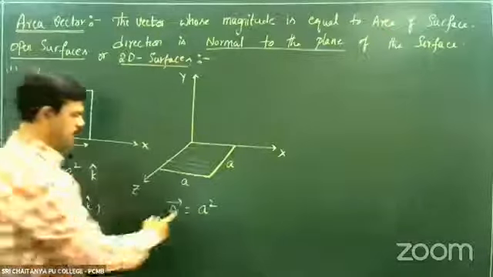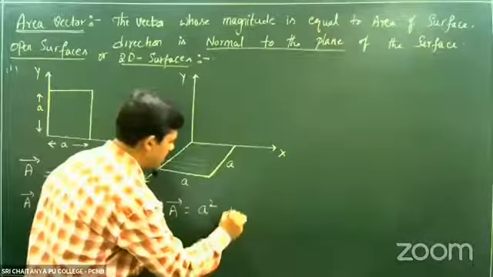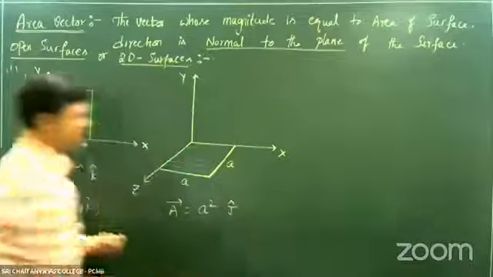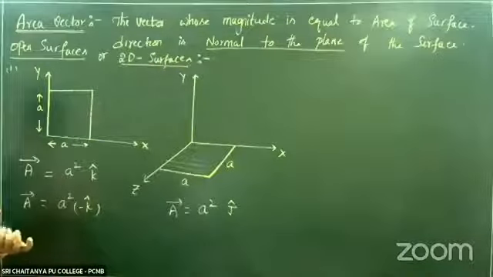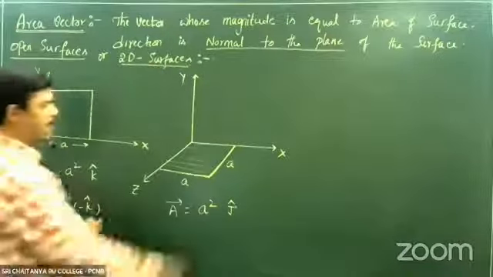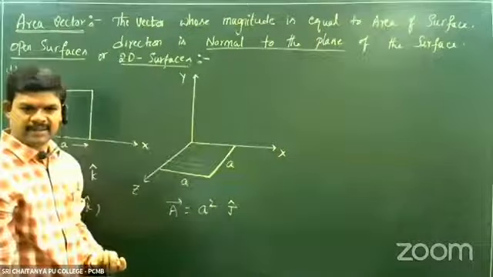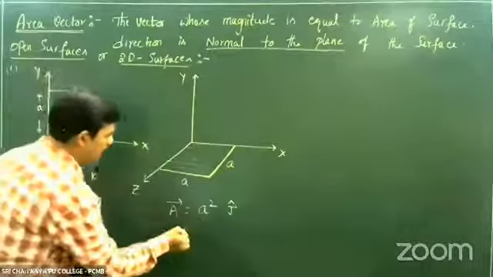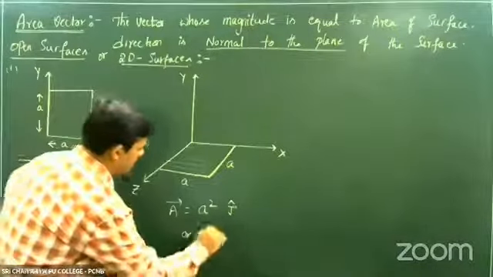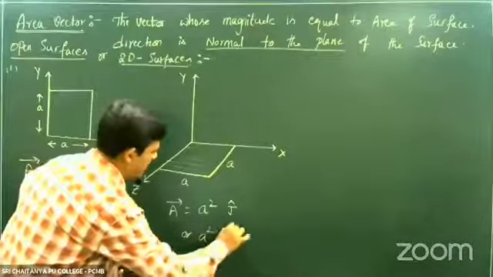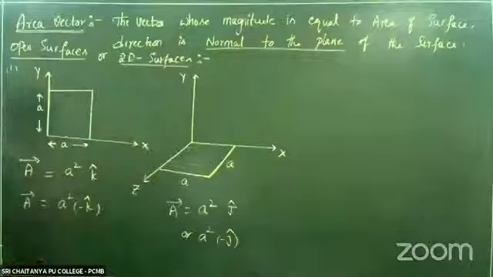A squared into J cap. Why J cap? Normal is along y-axis, right? Into J cap, or A squared minus J cap, right?